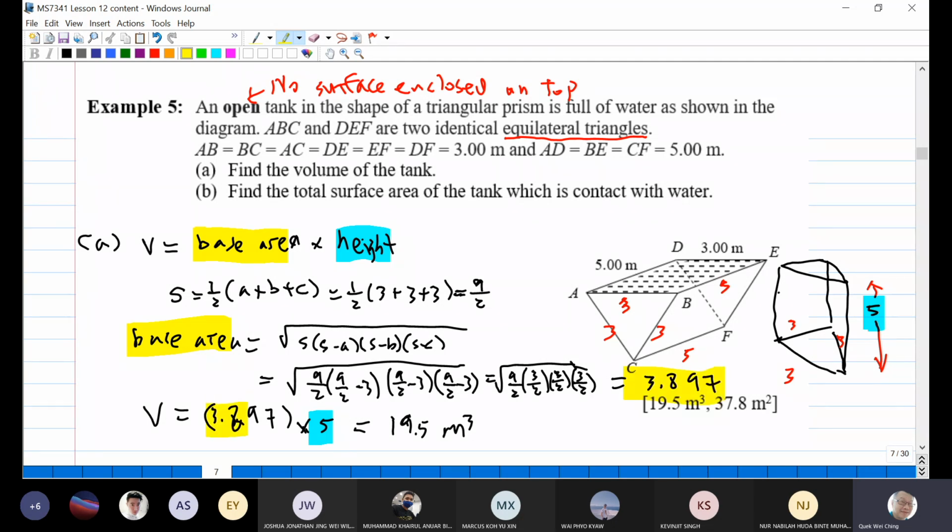So you put in and multiply together. This is for part A, the volume of the tank.